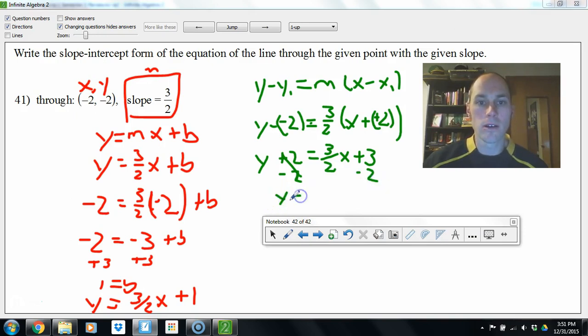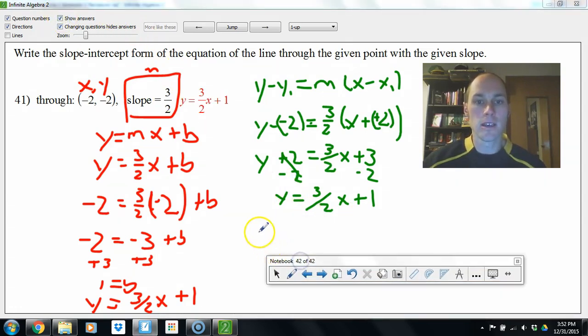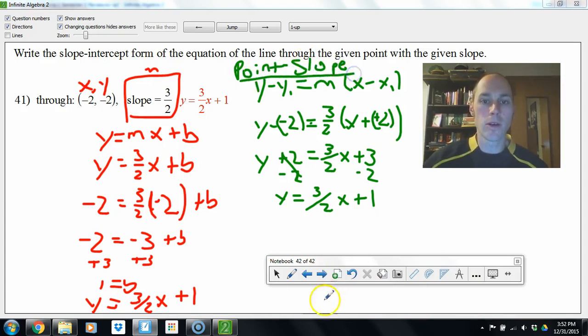So I'd have y equals 3/2 x plus 1. It agrees with what I had in the bottom, and it agrees also with the answer. So just keep in mind this one is the point slope. Remember, point slope form is the third form of the equation that we've talked about.